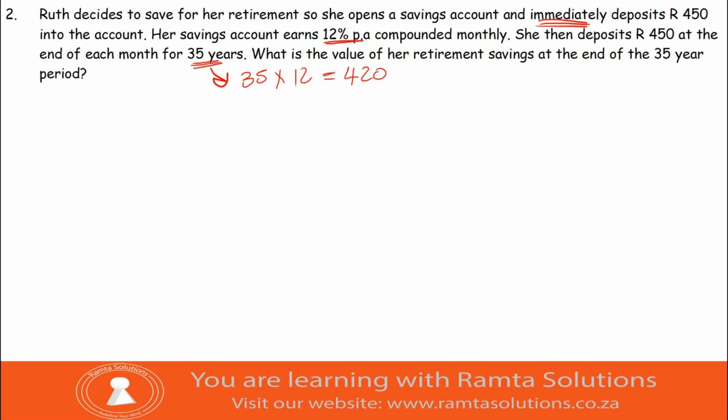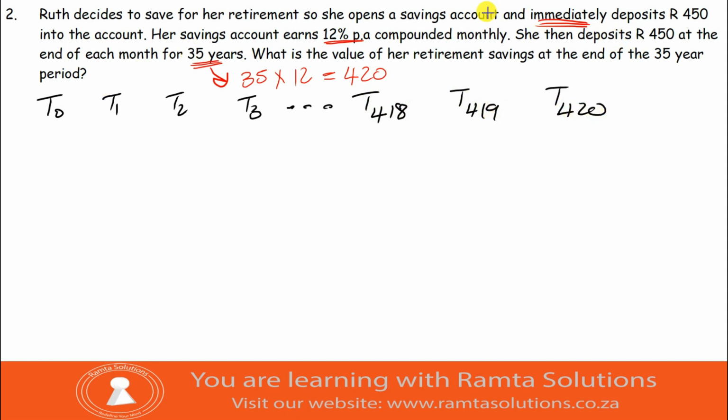Let's look at it. Now, using our timeline, T0, T1, T2, T3, and so on. Maybe let me say T418, T419, and then T420.